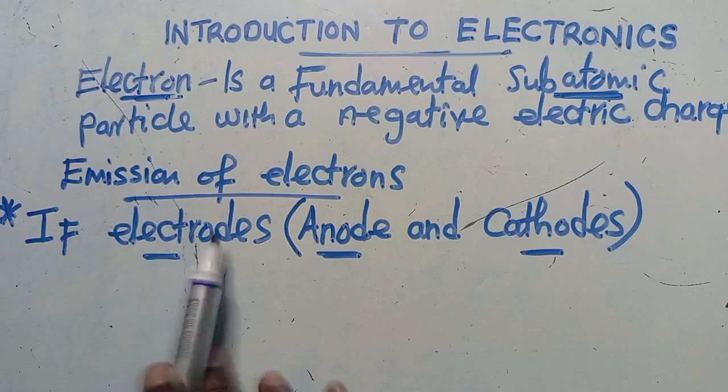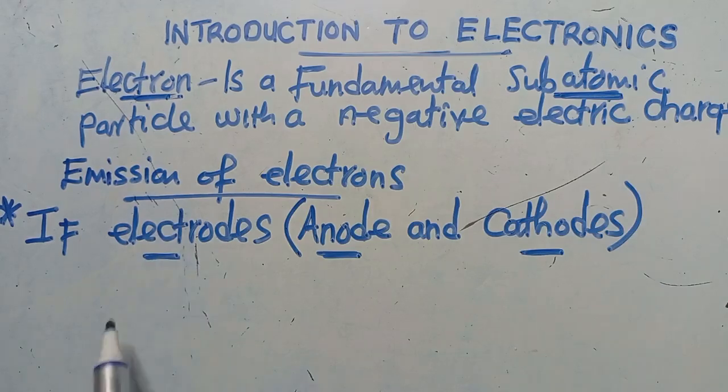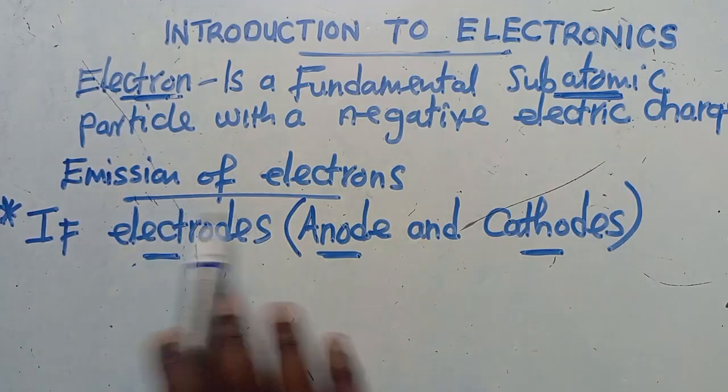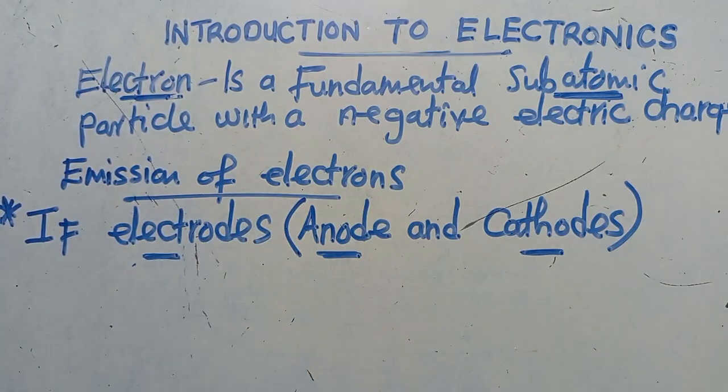When I say electrodes, you need to understand that electrodes are conductive materials that facilitate the flow of electric current into and out of a medium, such as a vacuum or a gas.